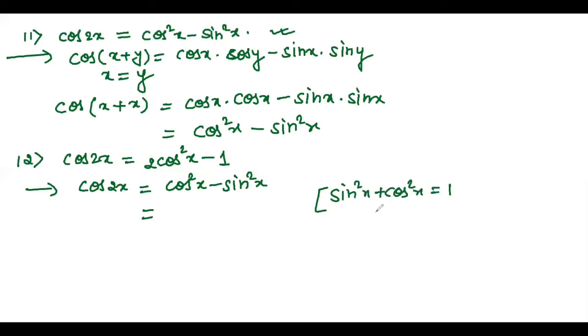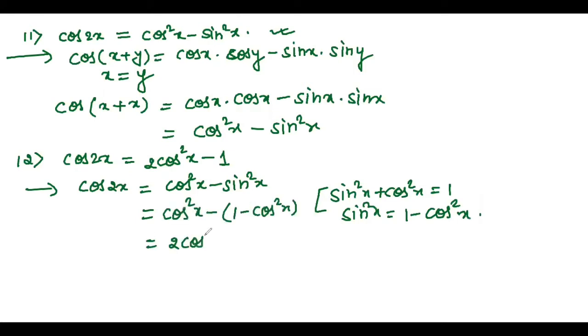So sin square x equals 1 minus cos square x. So cos square x minus 1 minus cos square x. So finally we'll have here 2 cos square x minus 1. So two identities we are getting in cos 2x.